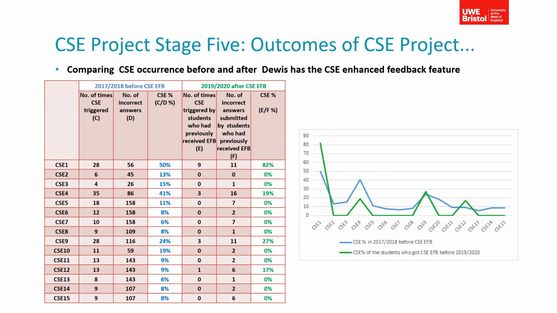This table shows the number of times CSEs were triggered and the total number of incorrect answers by students in the 2017-18 cohort, that is before the enhanced feedback feature on Davis, and the number of times CSEs were triggered by the students who received CSE enhanced feedback before the control condition test, and the number of incorrect answers by students who received CSE enhanced feedback before the exam in 2019-20.